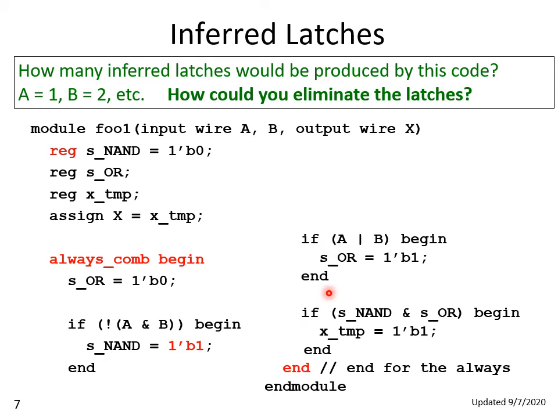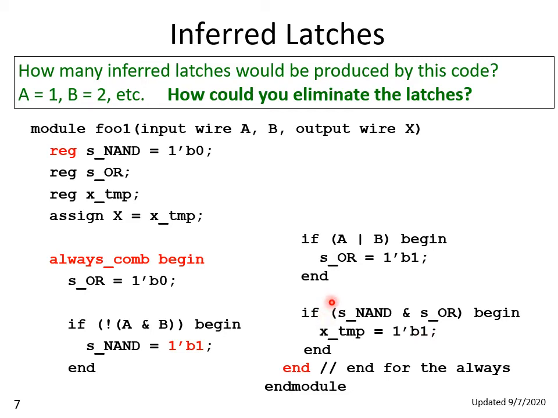Now let's look at X temp. Well, if S NAND and S OR is true, X temp takes value 1. What if this expression is false? What's the value of X temp? In the case of X temp, there's no other value defined, so you will end up with a latch to retain the value of X temp when this is false.